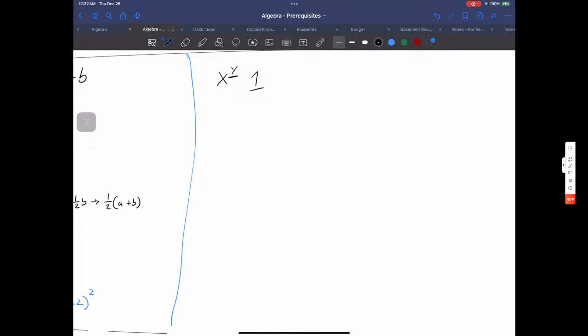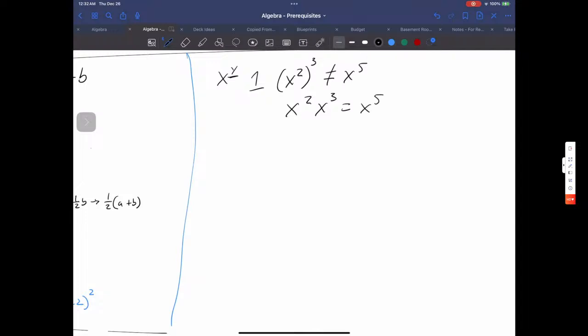Okay, so the first one would be x squared cubed is not equal to x to the 5. Now, we've talked about how exponents add up, and we've talked about how exponents multiply. You have to remember that exponents add up when it's the same thing being multiplied. That x squared times x cubed would be x to the 5.